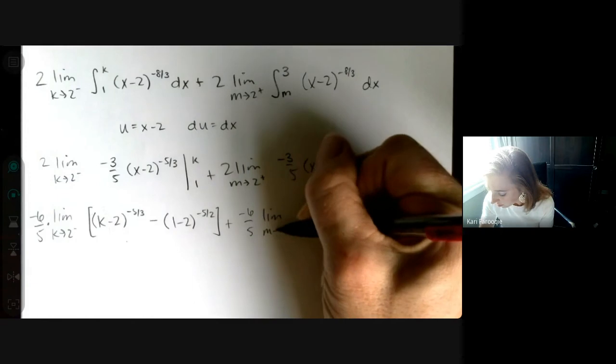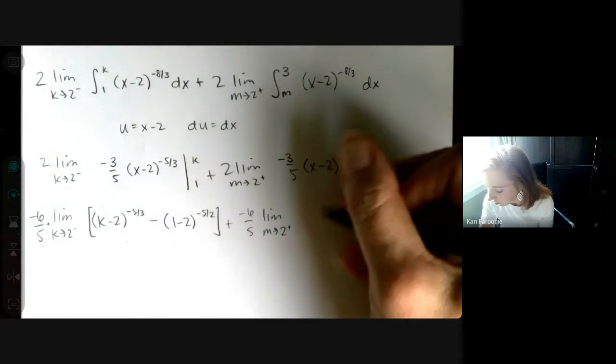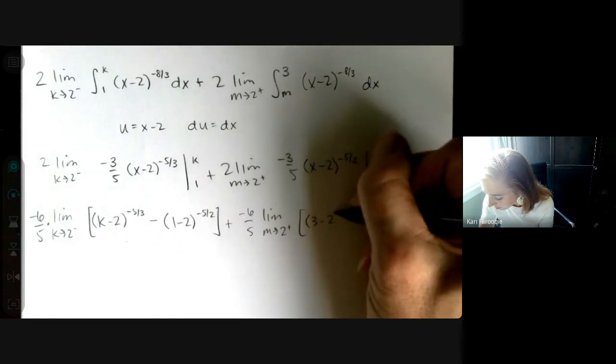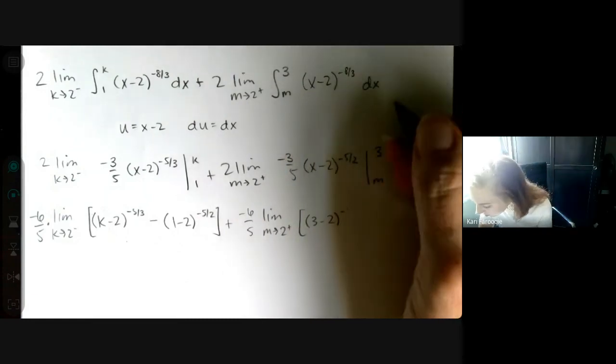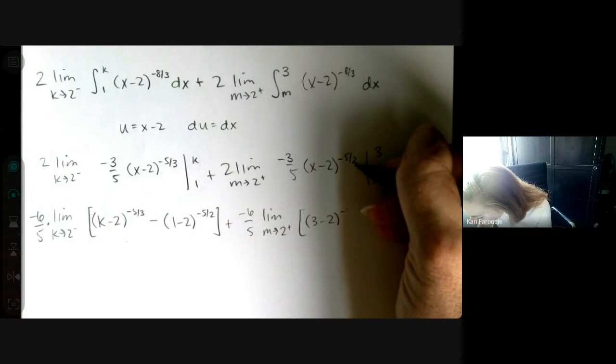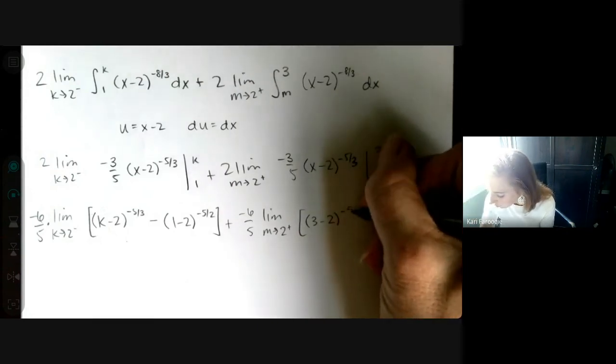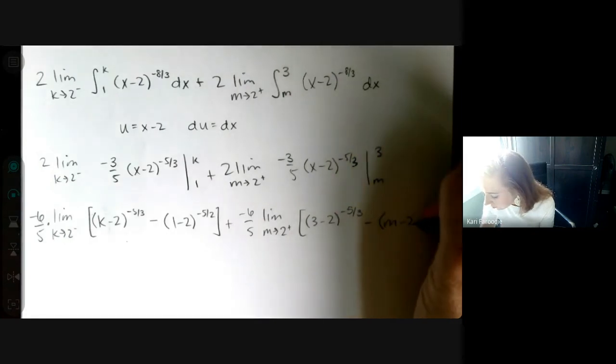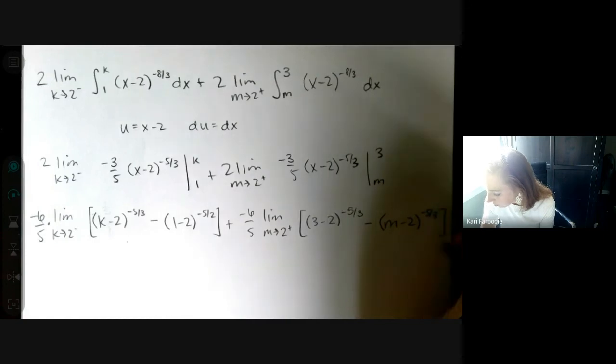And I'm going to do the same thing for this term. This time I'm going to have 3 minus 2, sorry, it should say 5/3. Got it chopped off there. To the negative 5/3, and then minus m minus 2 to the negative 5/3.